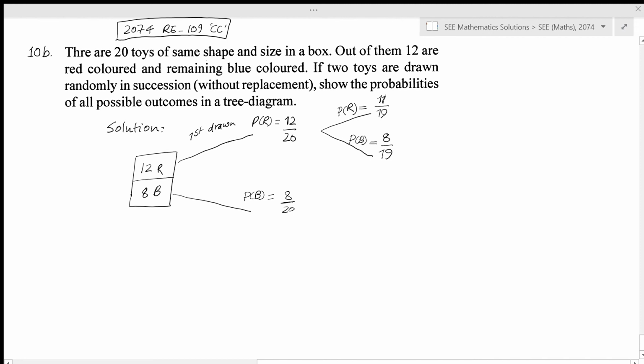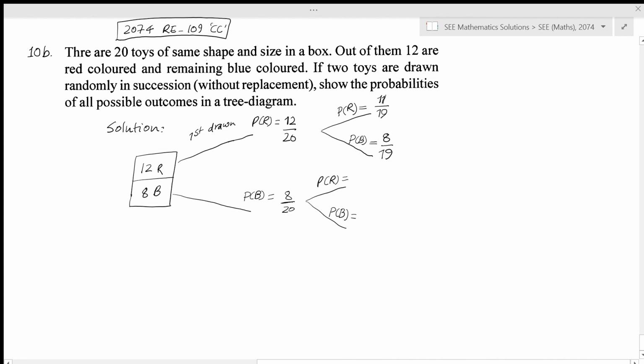We can draw a blue toy at first, and at the second draw we can draw either red or blue. So if we draw a blue toy at first, the number of red toys remains the same. There were 20 toys at first, and at the first draw we drew a blue one.